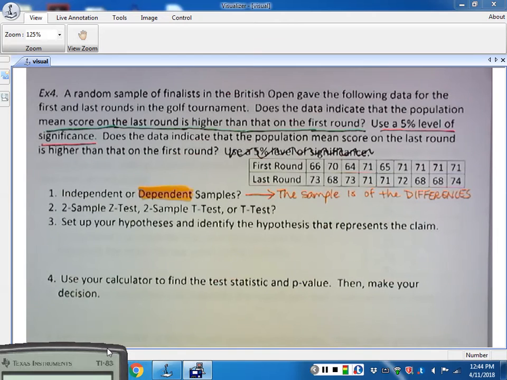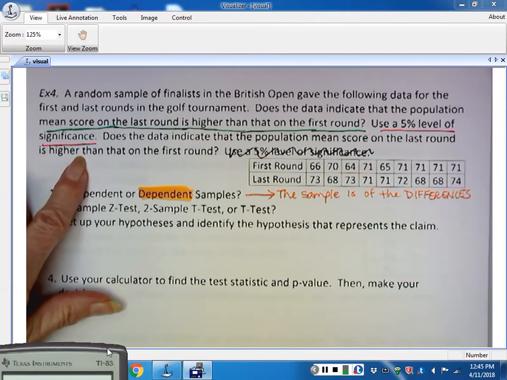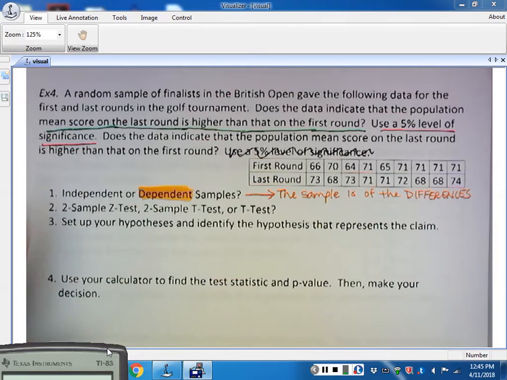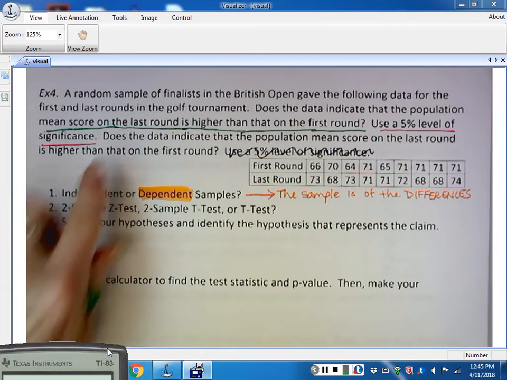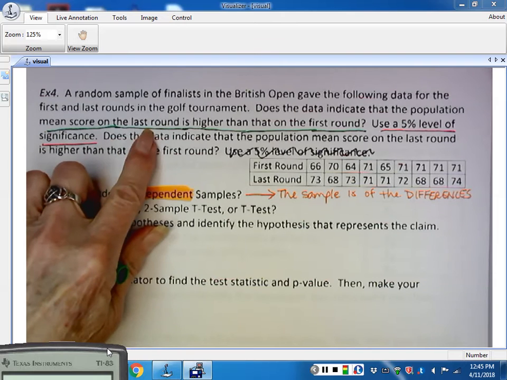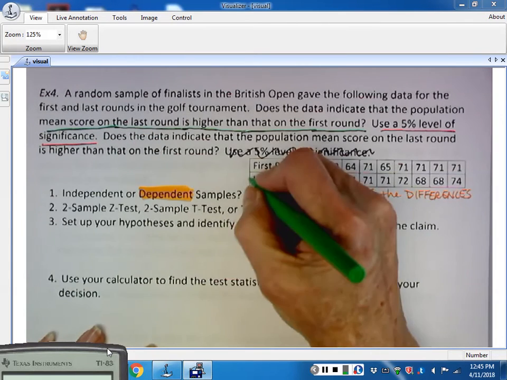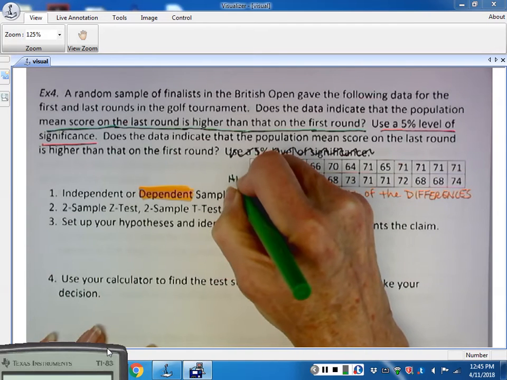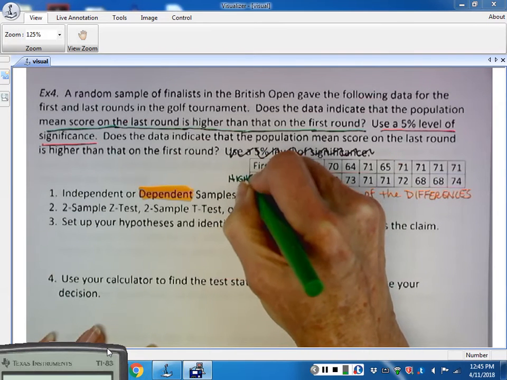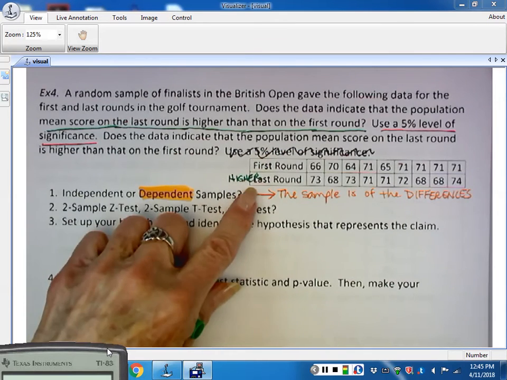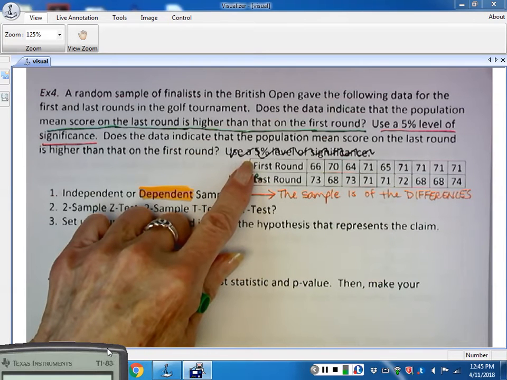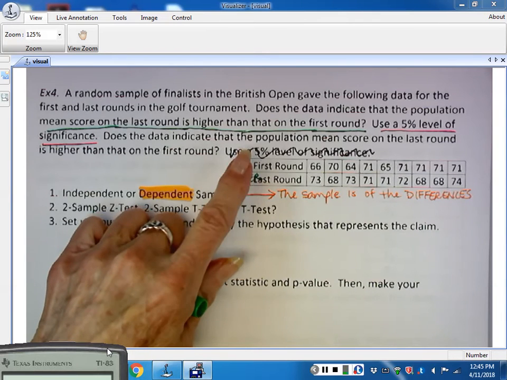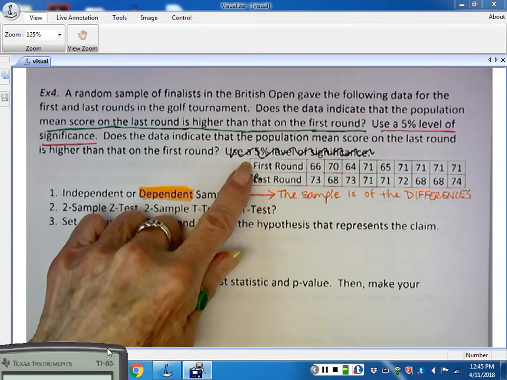And the claim is going to let us decide which way we want to write which is first, which is last. So what they're claiming is that the last is higher than that on the first. And if the last is higher than the first, then we take their after minus before.